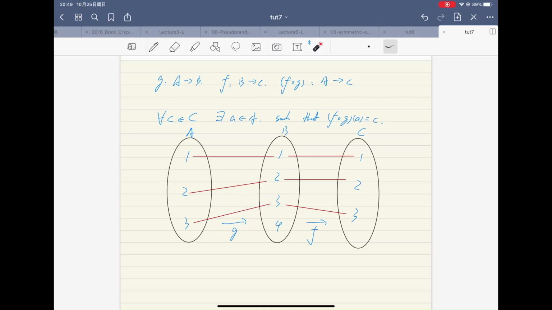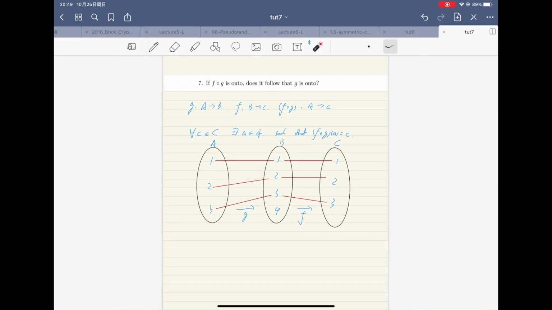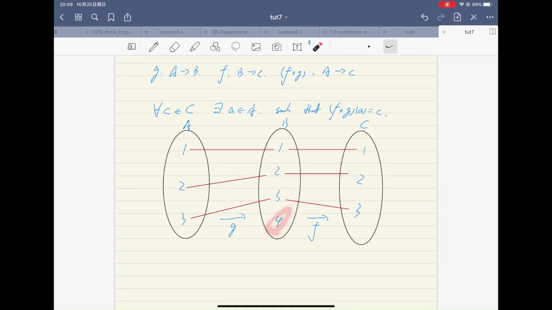So the function g is not an onto function because we have a value here that has no associated value in the domain mapping to it.